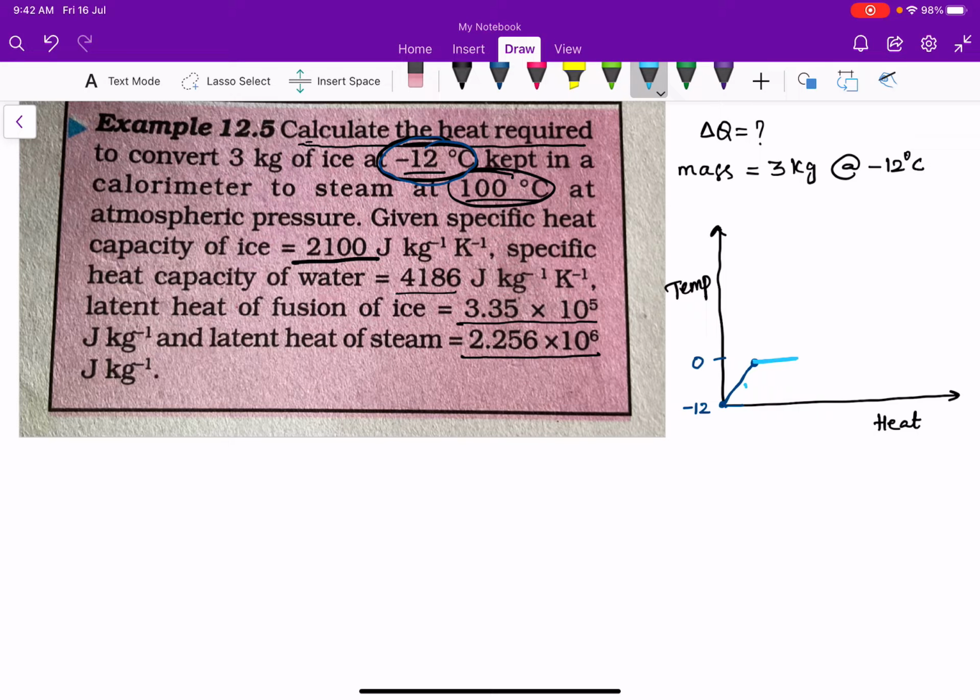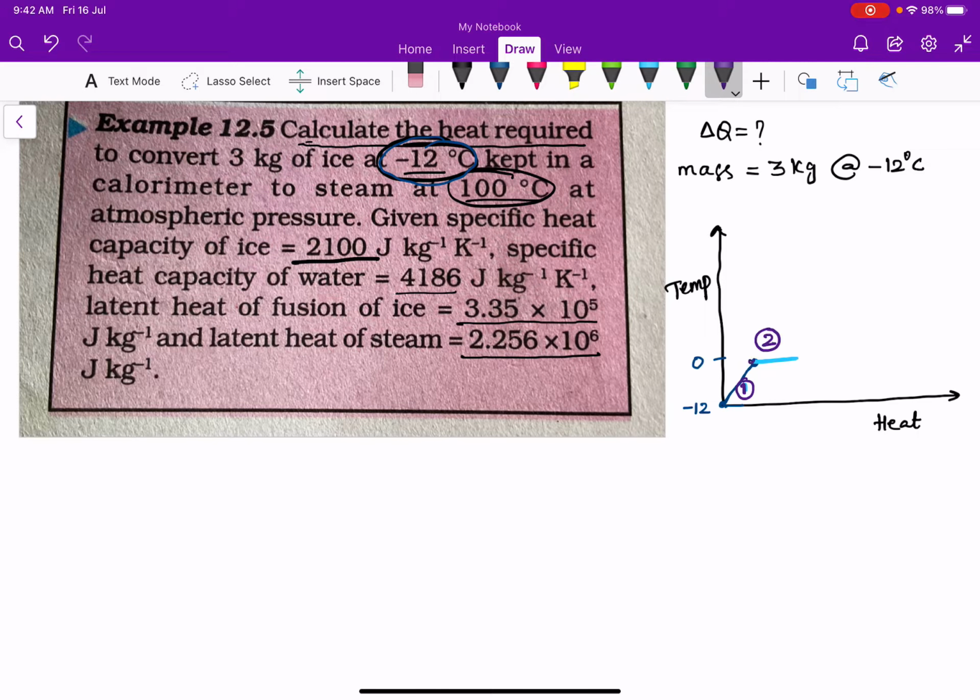So let us consider this is part 1, heat energy required to raise the temperature from minus 12 to 0. And part 2, here we need to supply the heat energy in order to convert the ice at 0 degrees Celsius to water at 0 degrees Celsius.